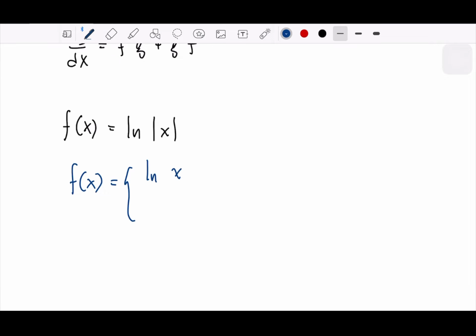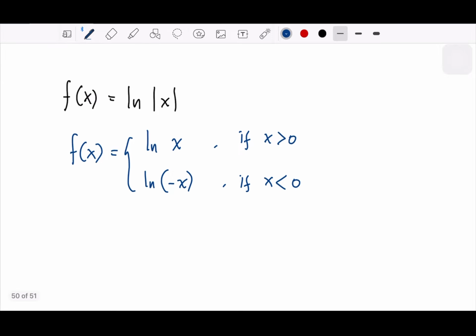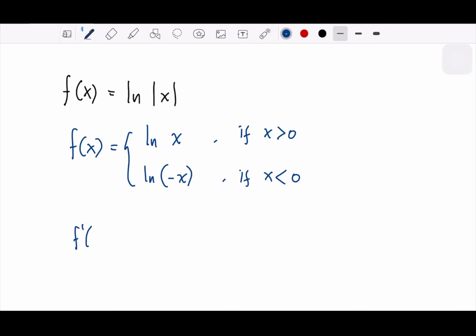It becomes ln x or ln negative x, and this depends on x. And of course, when we differentiate both of them, one becomes 1 over x, the other becomes negative 1 over x, and it should be multiplied with negative 1. Okay. Do you get it? Why?